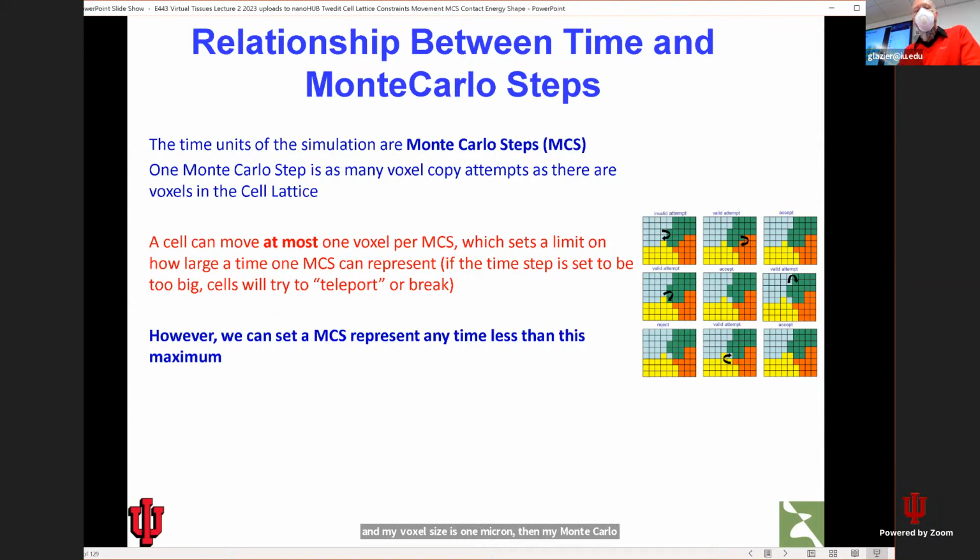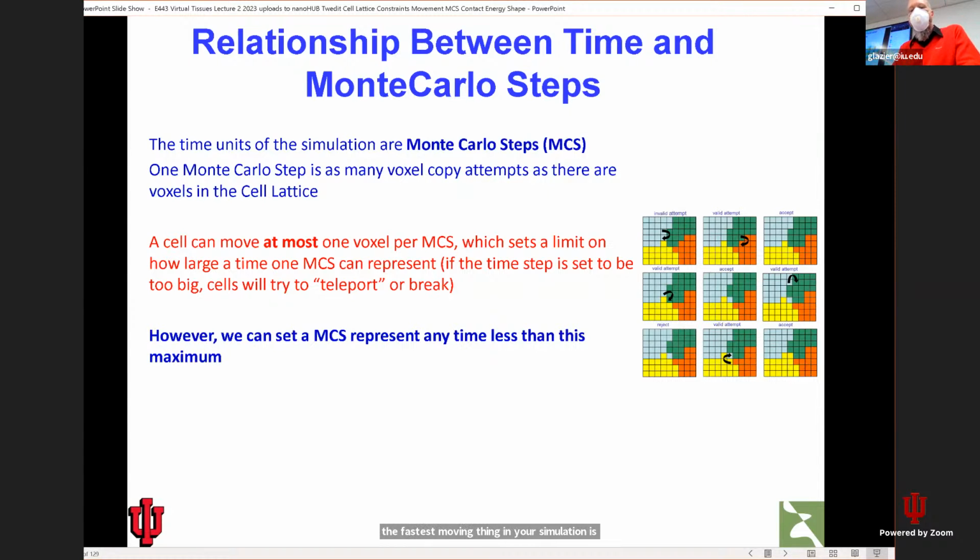If my cells move 1 micron per 10 minutes, and my voxel size is 10 microns, then my Monte Carlo step could represent 10 minutes, or 100 minutes even. So you have to think about what the time equivalences are defined by, whatever the fastest moving thing in your simulation is going to be.